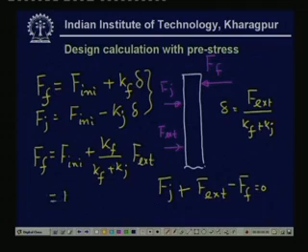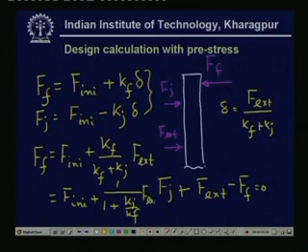Now you can write this as F initial plus 1 upon 1 plus Kj divided by Kf times F external.